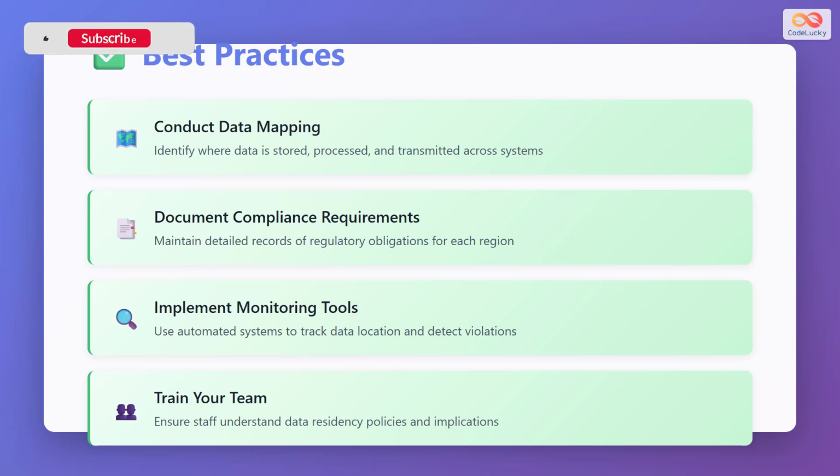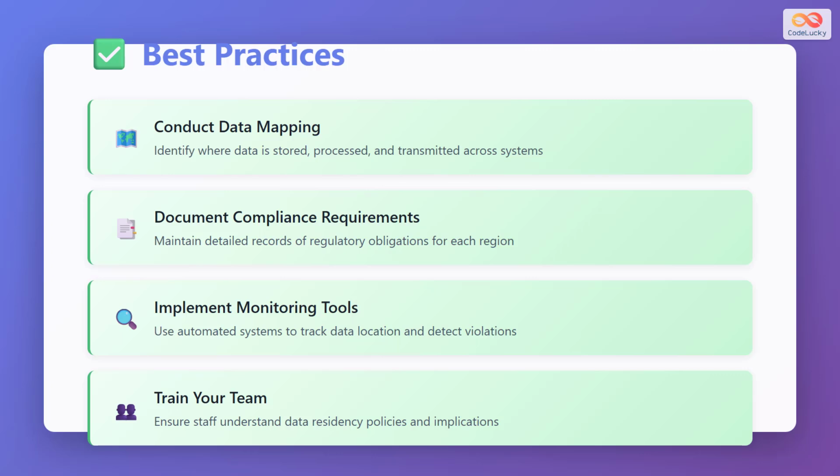Let's conclude with 4 best practices for managing data residency. First, conduct comprehensive data mapping. Identify where data is stored, processed, and transmitted across all your systems. This inventory provides the foundation for compliance. Second, document compliance requirements thoroughly. Maintain detailed records of regulatory obligations for each region where you operate. This documentation guides your technical implementation and proves compliance during audits. Third, implement monitoring tools.